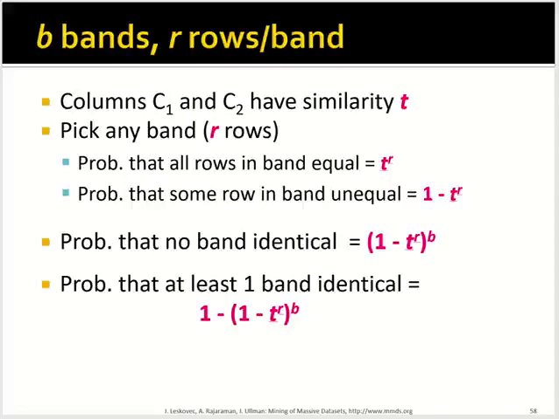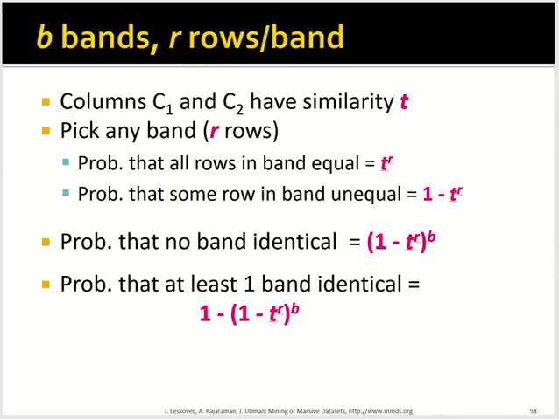Suppose we still get the B bands and R rows per band. The columns C1 and C2 have a similarity of t. The t will probably be calculated based on different parameters. Say we pick any band composed of R rows.